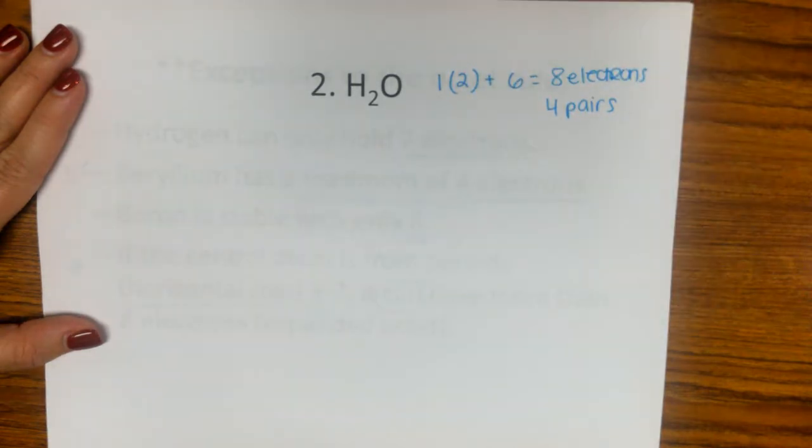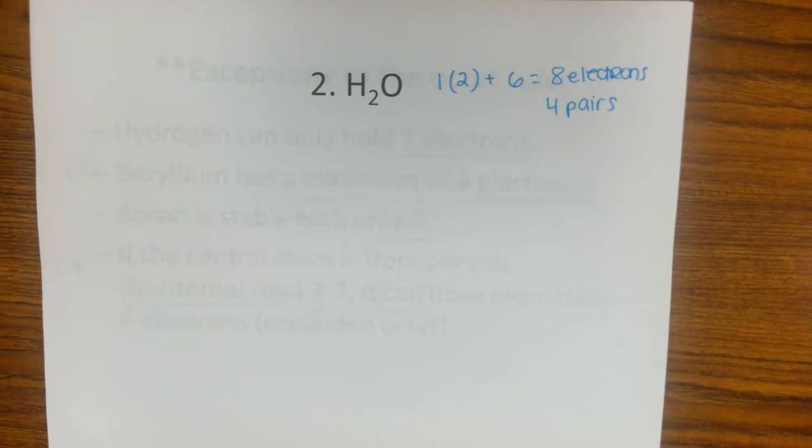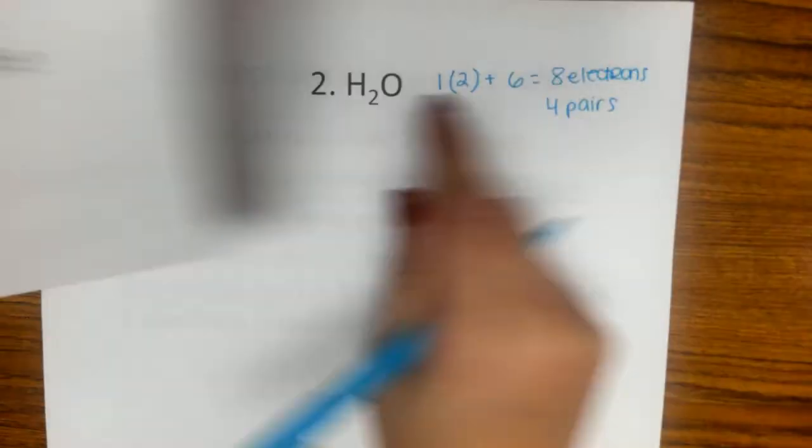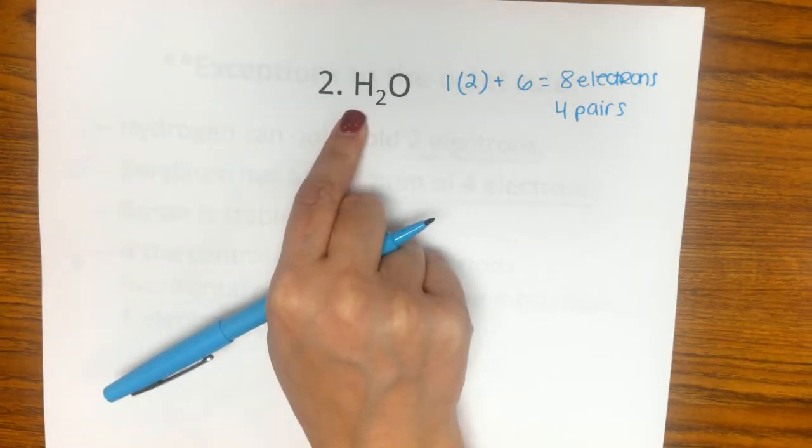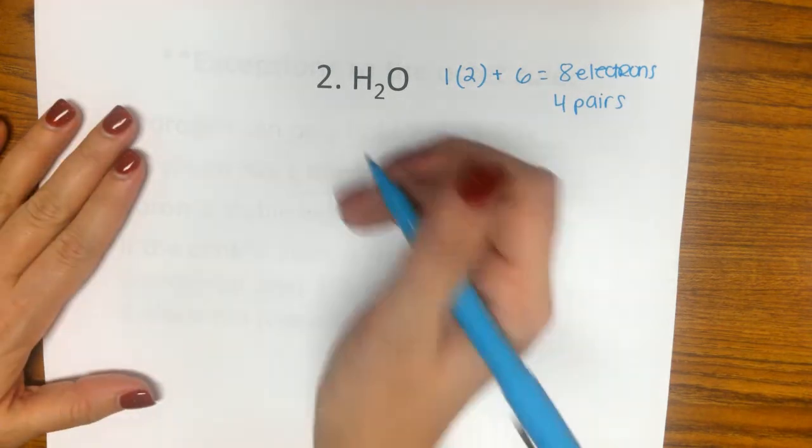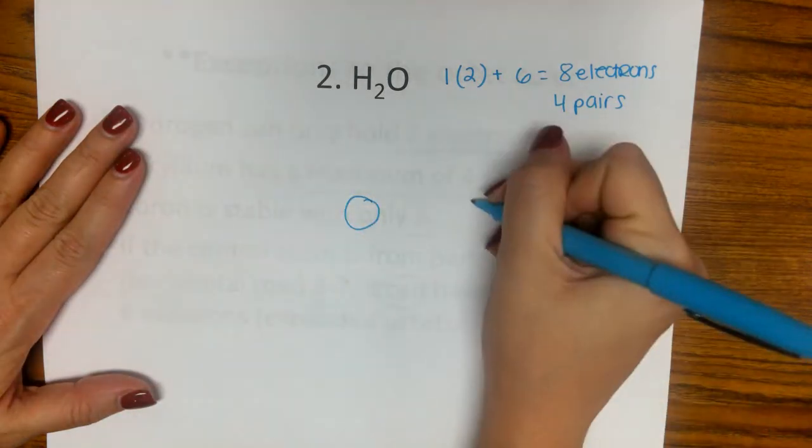That is step 1. You have to count your electrons first. Step 2 said, put the first atom in your formula in the center, unless it's hydrogen. Well, hydrogen's the first atom, so it's not going in the center. Instead, you put oxygen in the center, and just draw hydrogen around it.